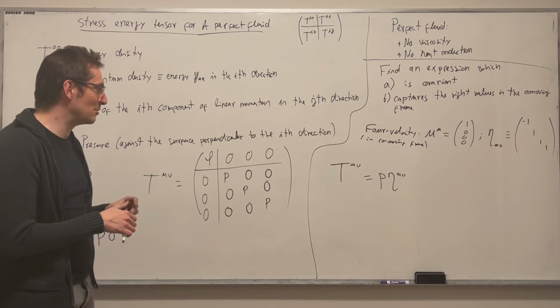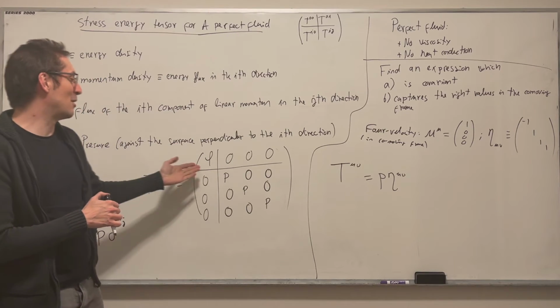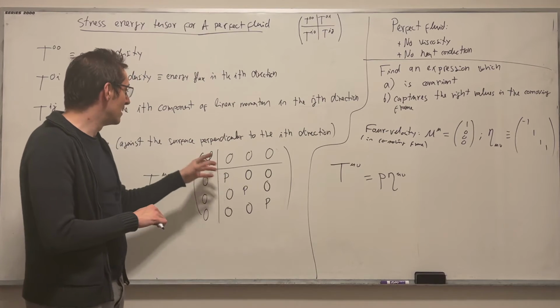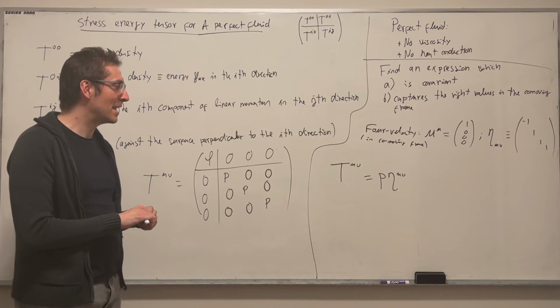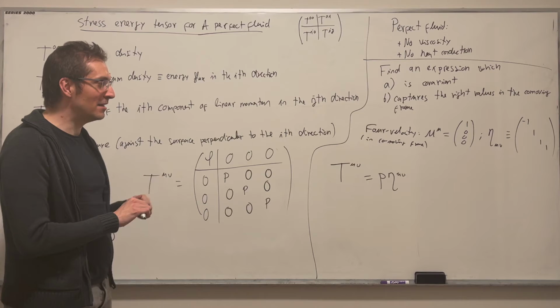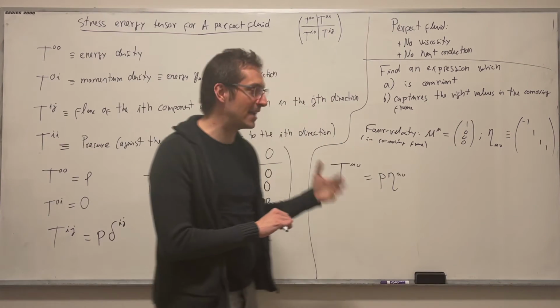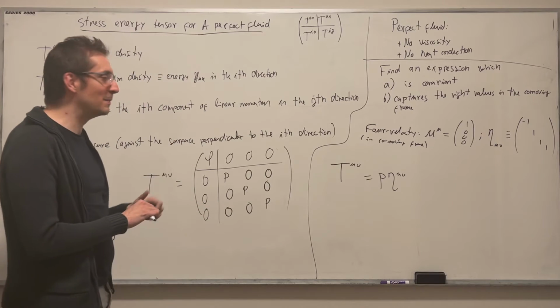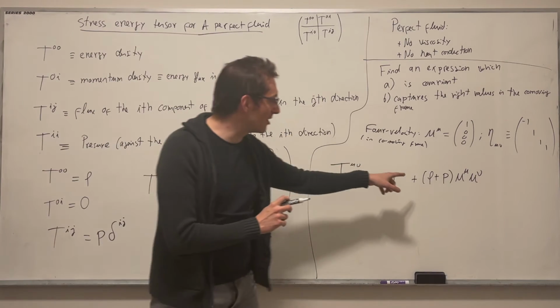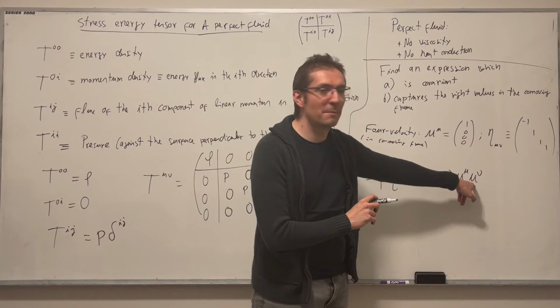But I have a lot of diagonal elements. I just need to somehow substitute one of them. What else do I have to add? Well, yes, I know something that only has a time component, the four-velocity. I can use the four-velocity to build this. Let's see. I added a term here proportional to two copies of the four-velocity.